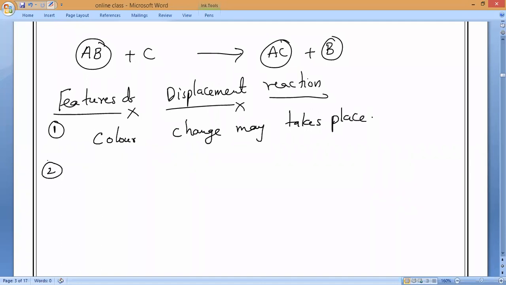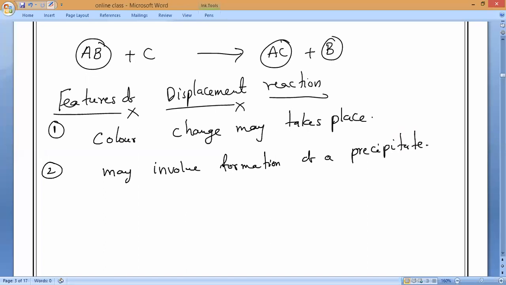Next, the second thing. These reactions may involve formation of a precipitate. I'm not saying sure, but may involve it. What do you mean by precipitate, guys?